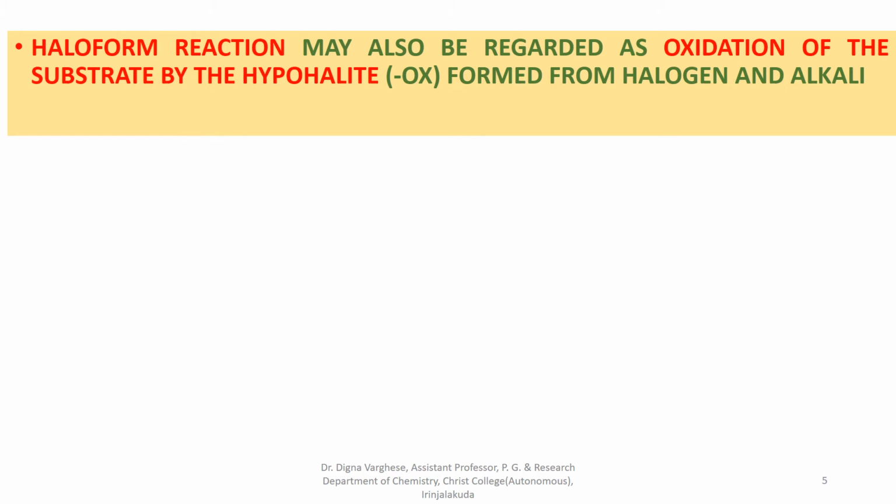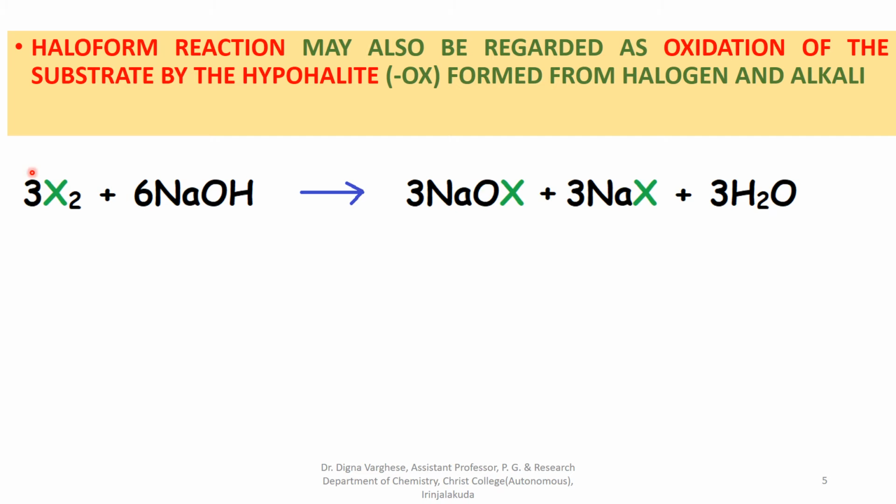The haloform reaction may also be regarded as the oxidation of the substrate by the hypohalite formed from halogen and alkali. Here you can see a hypohalite is formed from halogen and alkali, that is, the halogen reacts with an alkali like sodium hydroxide. It forms a sodium hypohalite, that you can see here, OX.